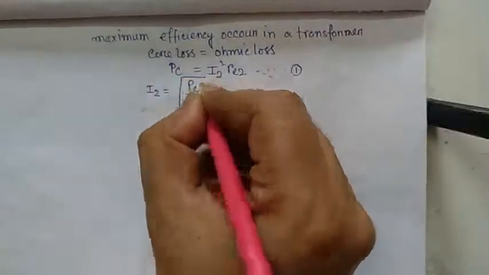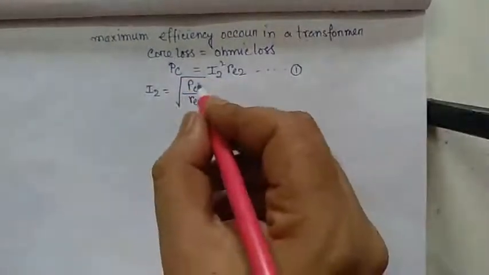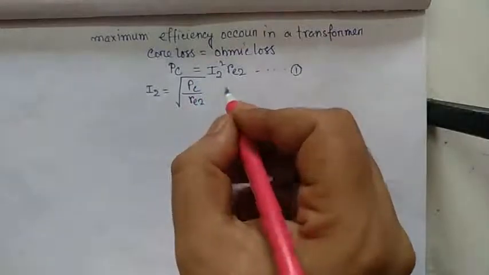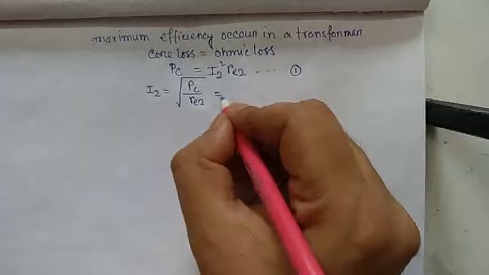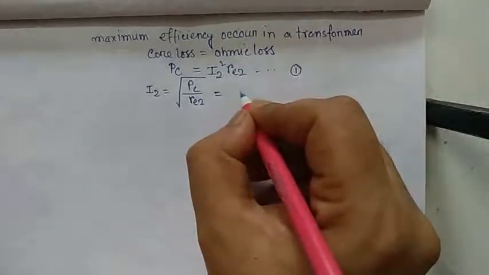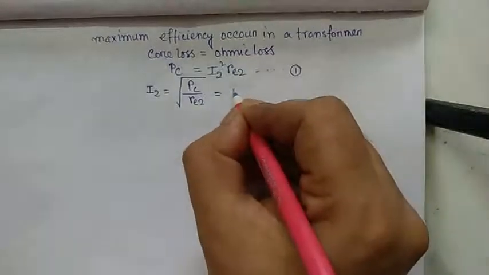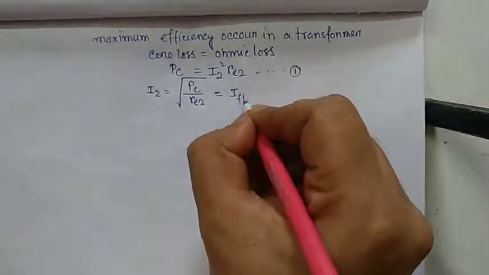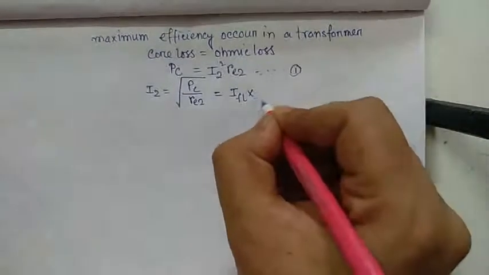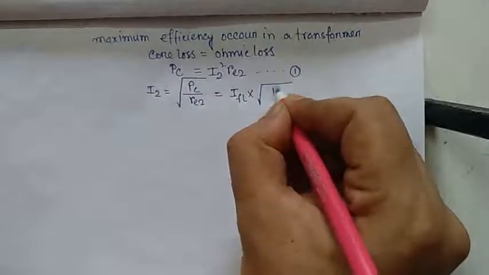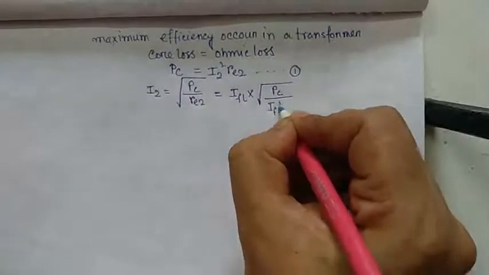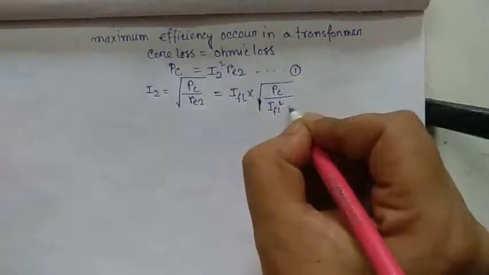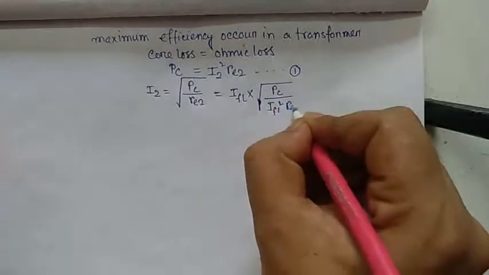Now this can be written as IFL, that is the full load current, into the root of PC divided by IFL square into RE2.